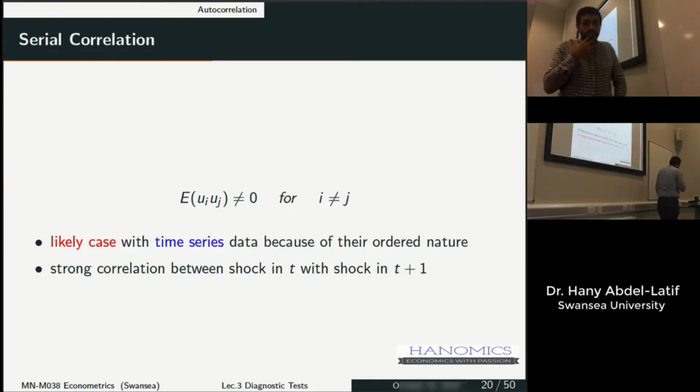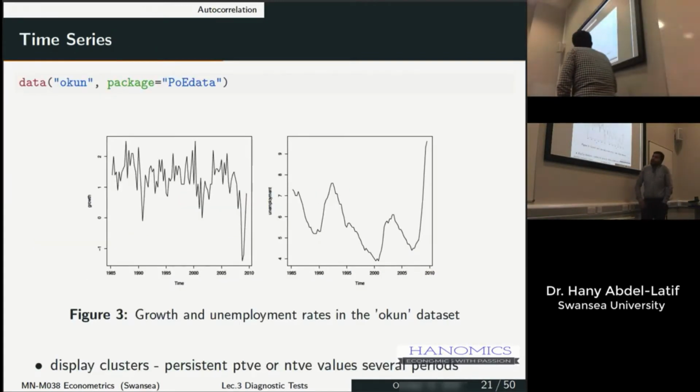We're using here data called Open, again in the same package, POE data. I know some of you had issues installing the package. I'll show you in the tutorial how to do that. So we have data about, I think, growth and unemployment. This is the output growth rate.